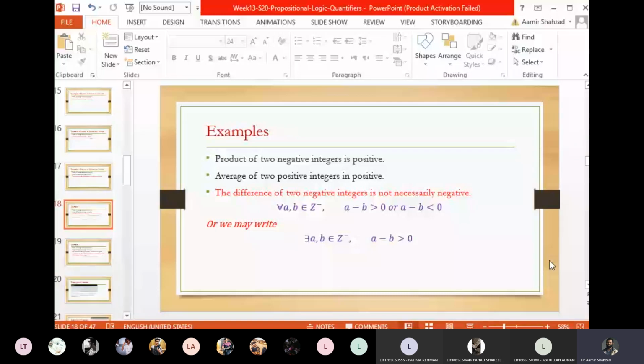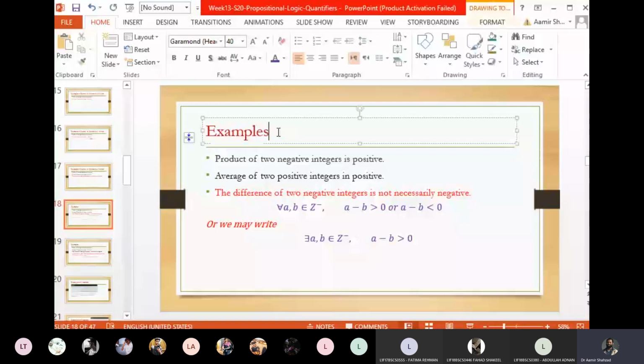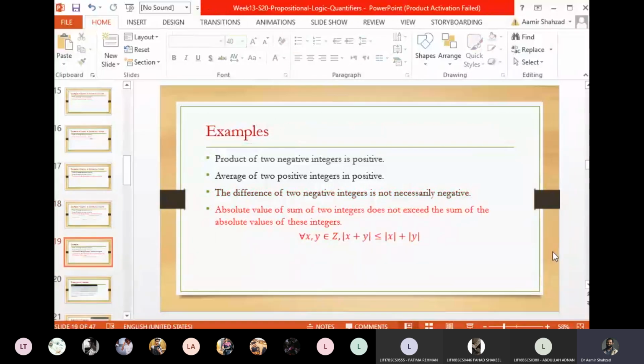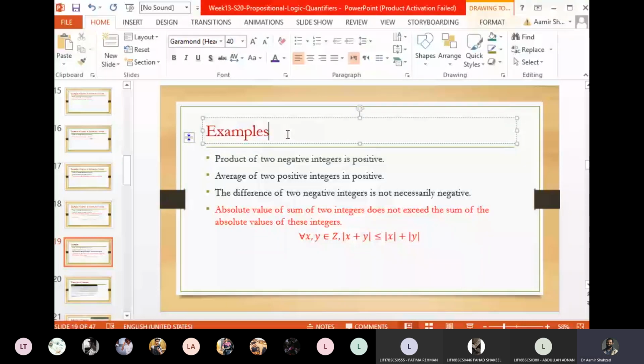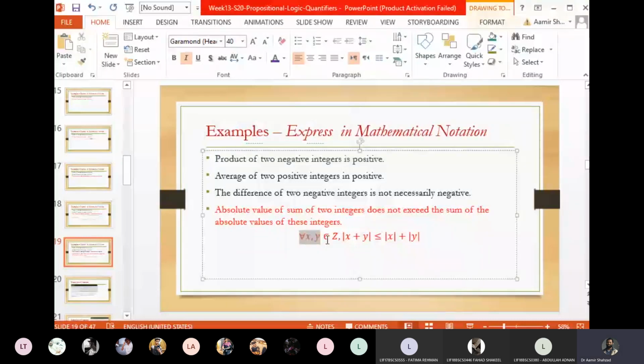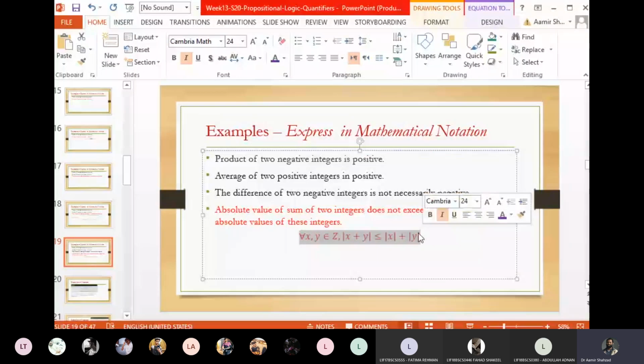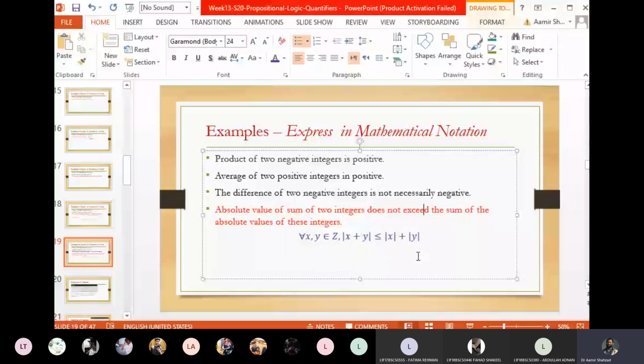So similarly, let's do some more examples. The absolute value of the sum of two integers does not exceed the sum of the absolute values of these integers. This is actually true. It's called the triangle inequality.